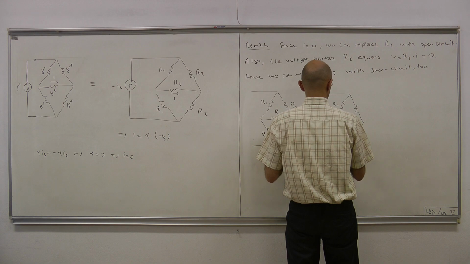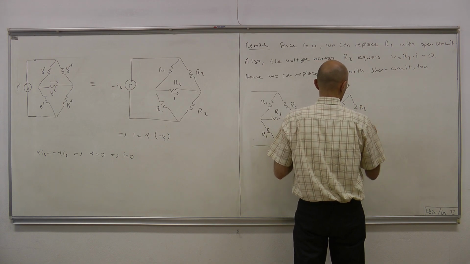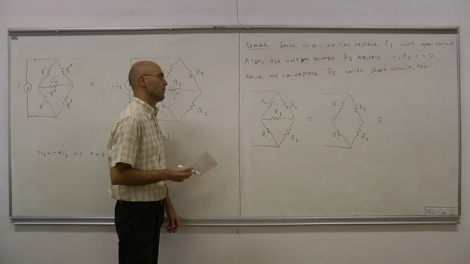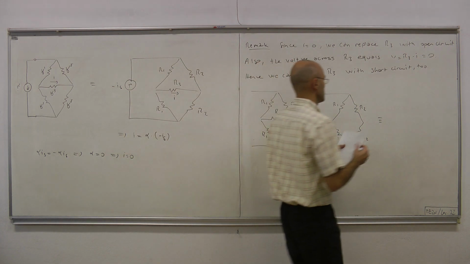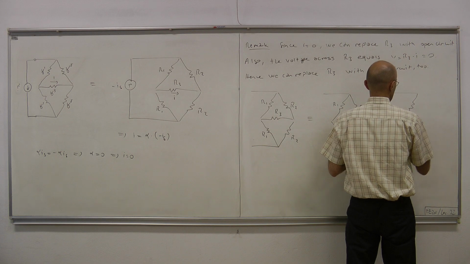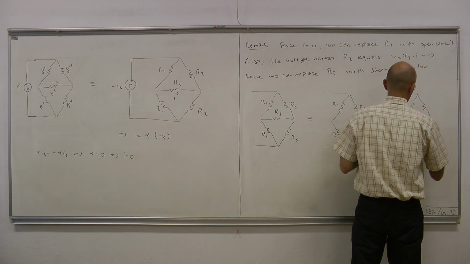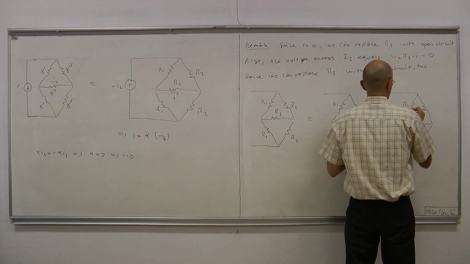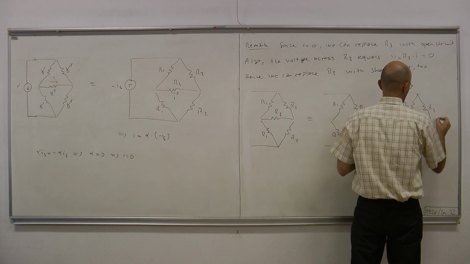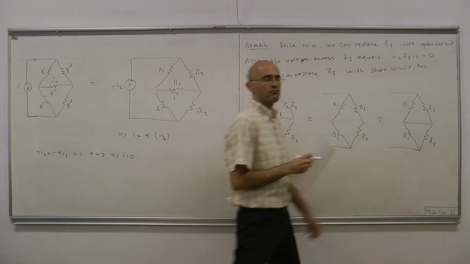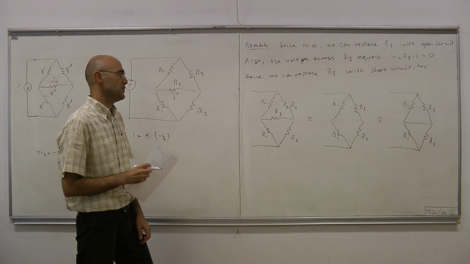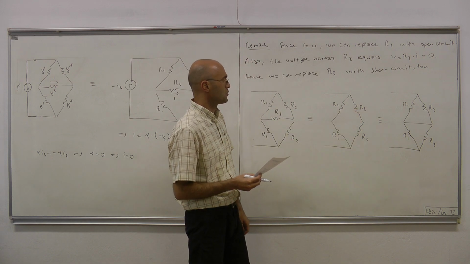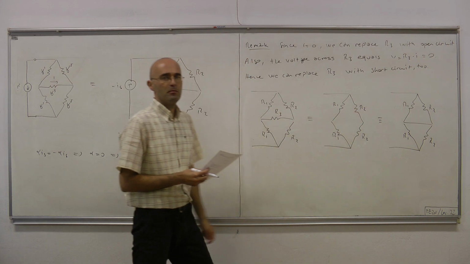R1, R1, R2, R2, where R3 is replaced by an open circuit, or replaced by a short circuit. And both are easy to deal with. So we have 2R1 and we have 2R2, and they're in parallel.